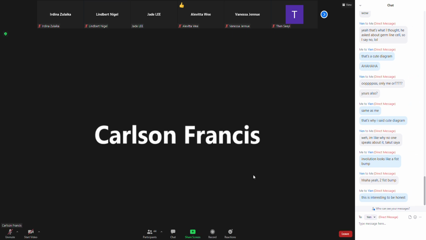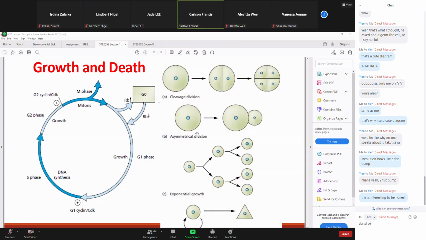Excuse me, doctor. I have a question. I don't really understand the part of axis and symmetry because the slide says that if the anterior and posterior are represented in human anatomy, it is similar to the dorsoventral part. So I don't really understand that sentence itself. Okay, don't worry.